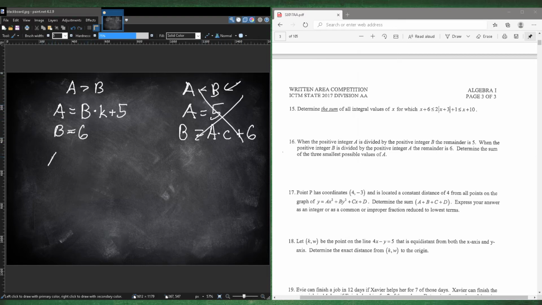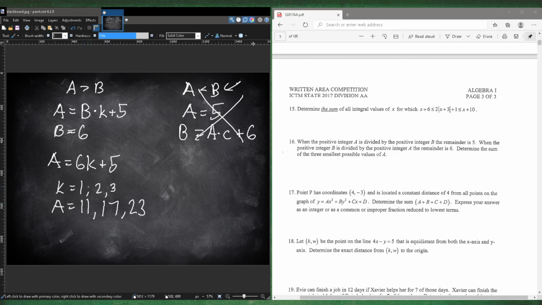If this is true, then a is equal to 6k plus 5. If k is equal to 1, a is equal to 11. If k is equal to 2, that's 12, plus 5 is 17. If k is 3, that's 18, plus the 5 is 23.